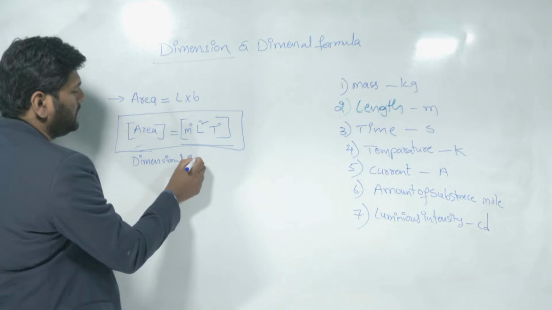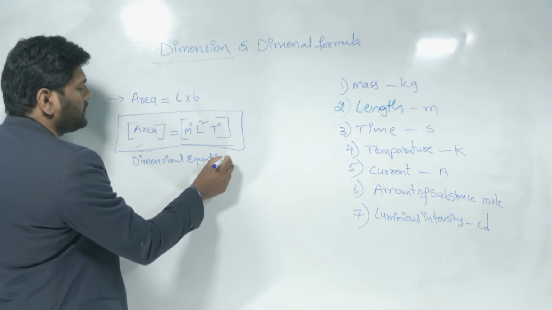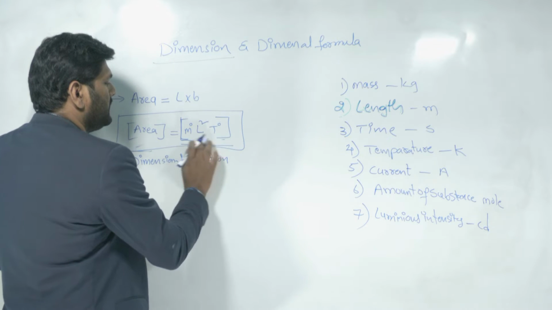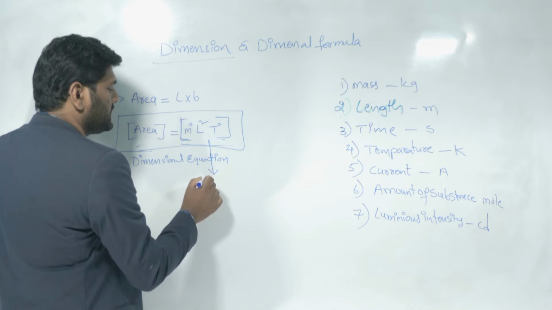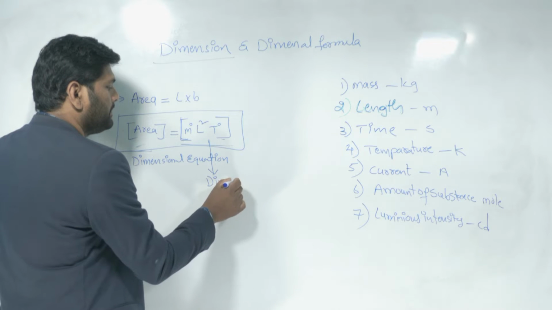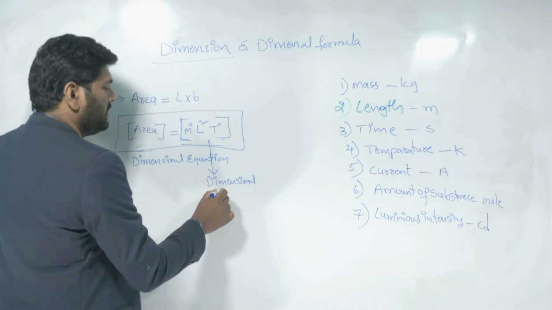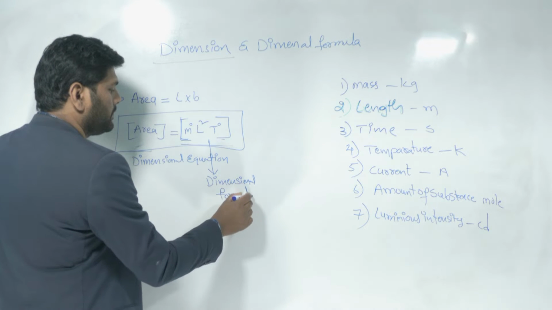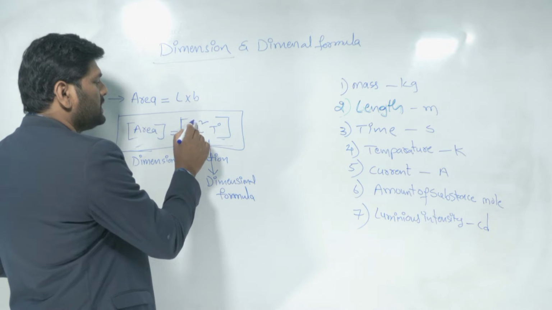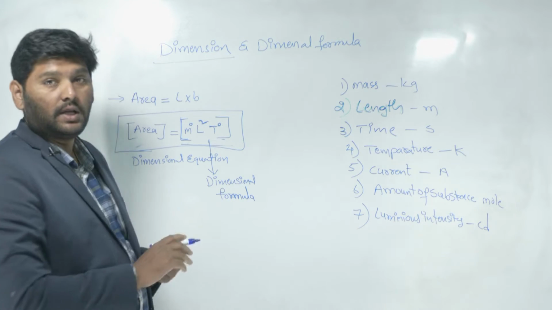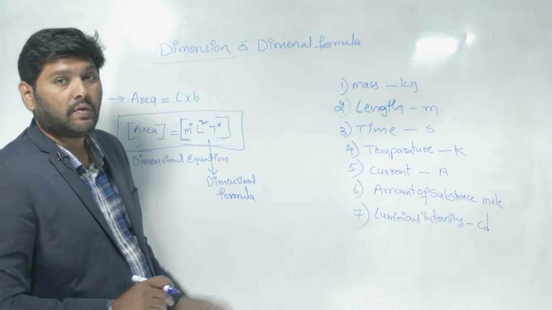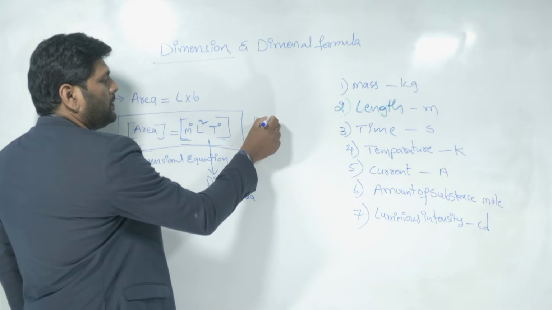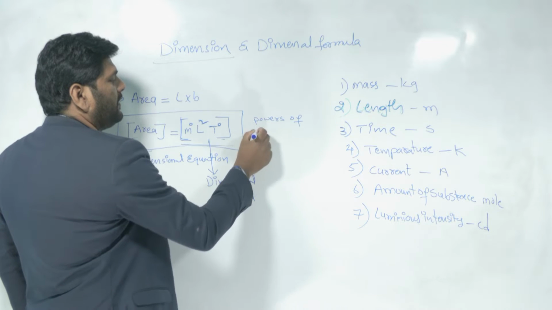This total equation is known as the dimensional equation. In that, this part is called the dimensional formula, and the powers of these fundamental quantities are called dimensions.